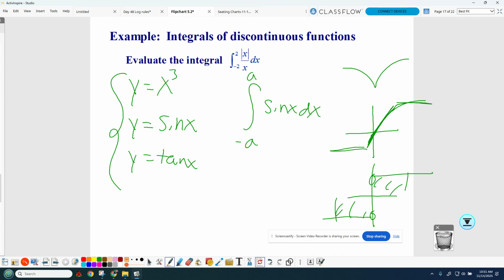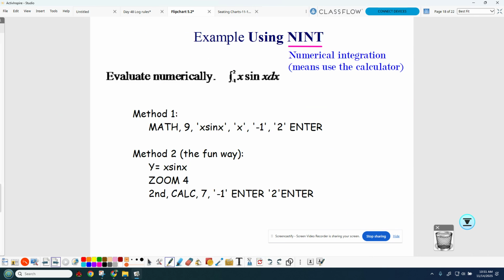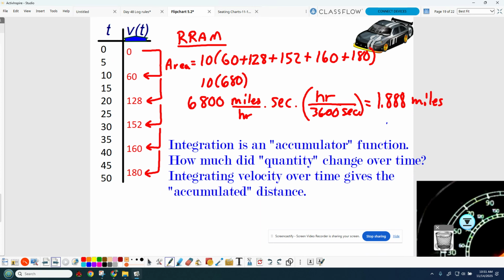If I ask you to integrate an odd function symmetrically over the origin, what's that gonna be? The bubble up and the bubble down, so it's gonna be 0. You don't even have to think about it, be like, yo, 0. From negative 21 to positive 21, 0. A to negative A, 0. You can be all like smart. We're not doing that either.